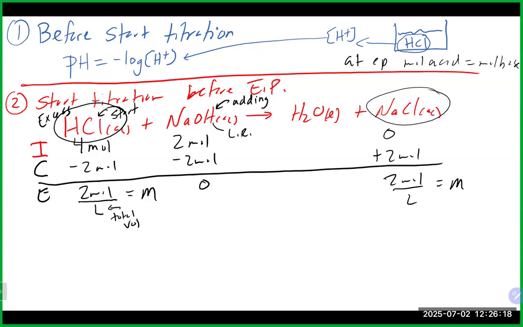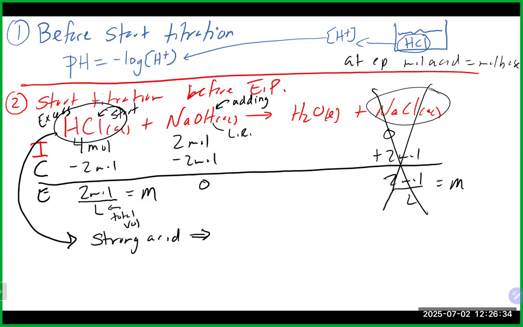We basically have a salt here, which we already know is neutral, so we're not even going to worry about it. So at the end of this, what you are left with is the HCl, and that is a strong acid. Because that's a strong acid, much like at the first step, at this point you could go right into the pH equation and calculate the pH in this type of titration.